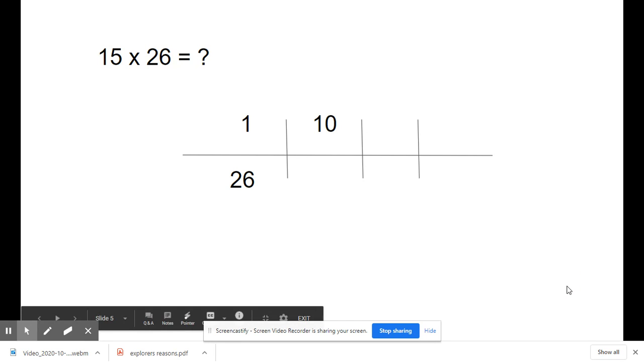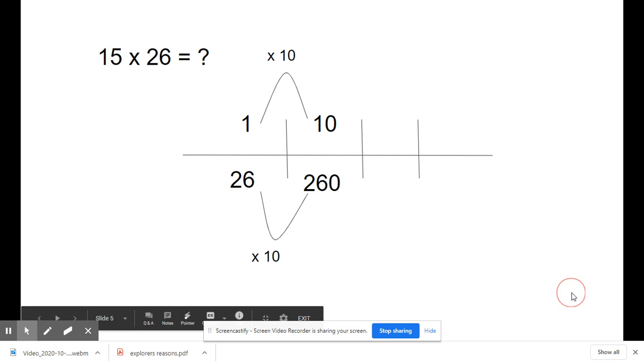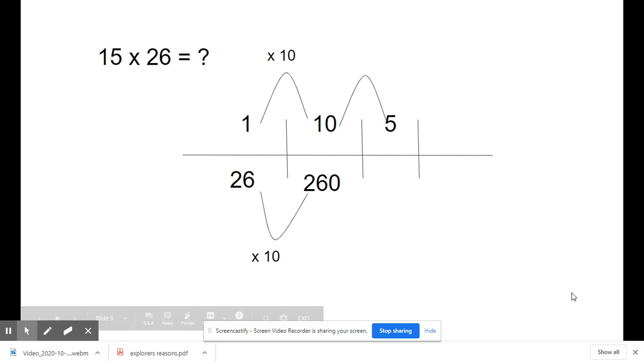We know that 10 times 26 is 260. 1 times 10 is 10. 26 times 10 is 260. 10 divided by 2 equals 5. And what we do to the top, we have to do to the bottom. 260 divided by 2 equals 130.